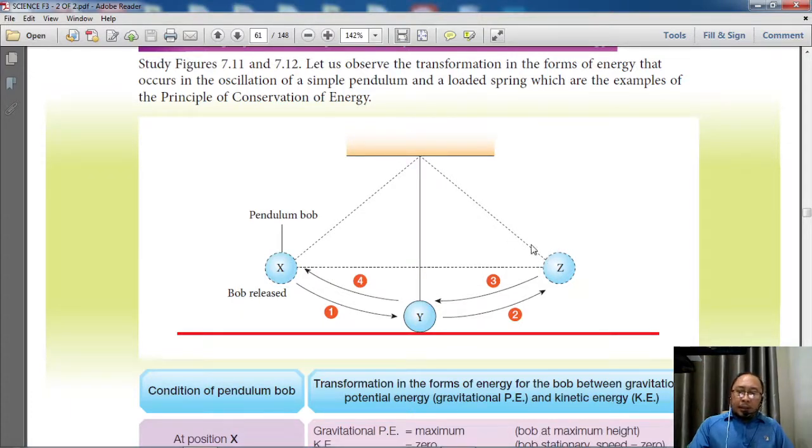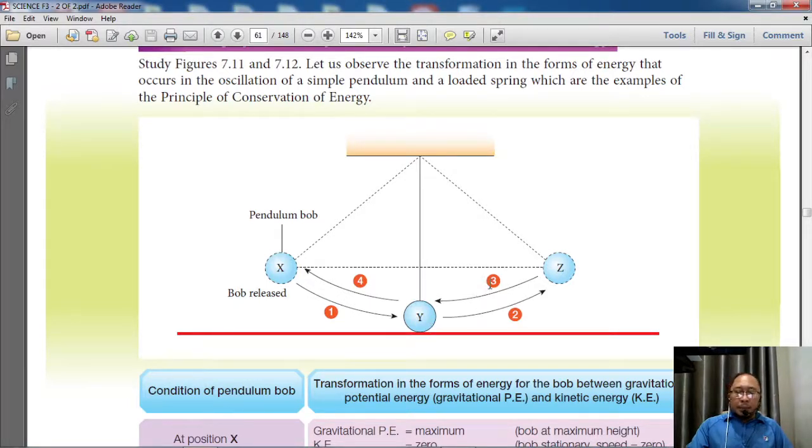It will be hung from one point, and then it will be turned like this and then released. The movement of this pendulum from left to the center to the right will explain to you the transformation of energy from one type to another type.